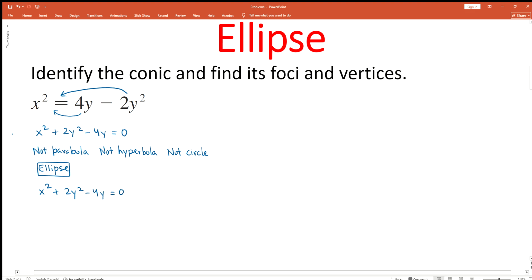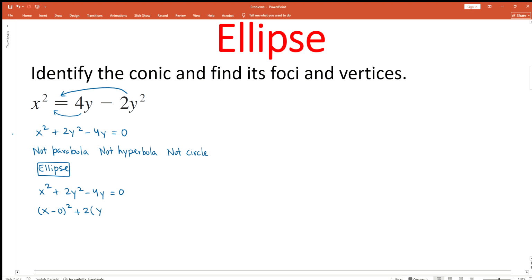In this equation, there is only one x term, x squared. We can write x squared as x minus 0 squared. For y terms, we have to use complete the square method. The first step is to factor out the coefficient of y squared from both y terms. So we should factor out 2 from both terms.